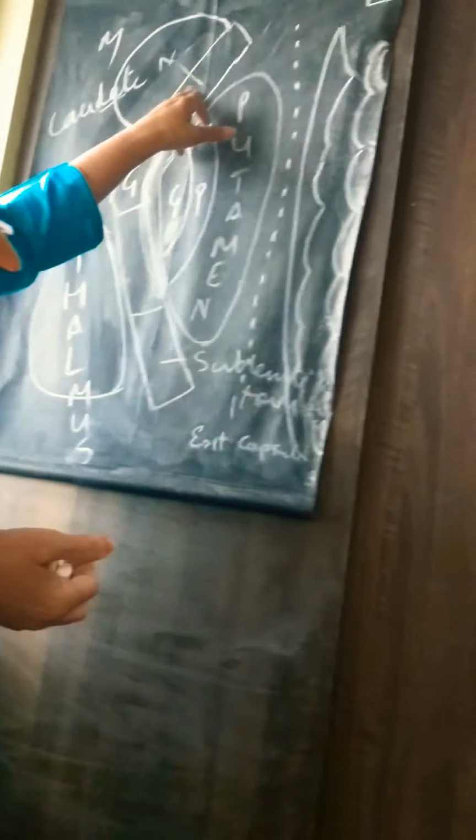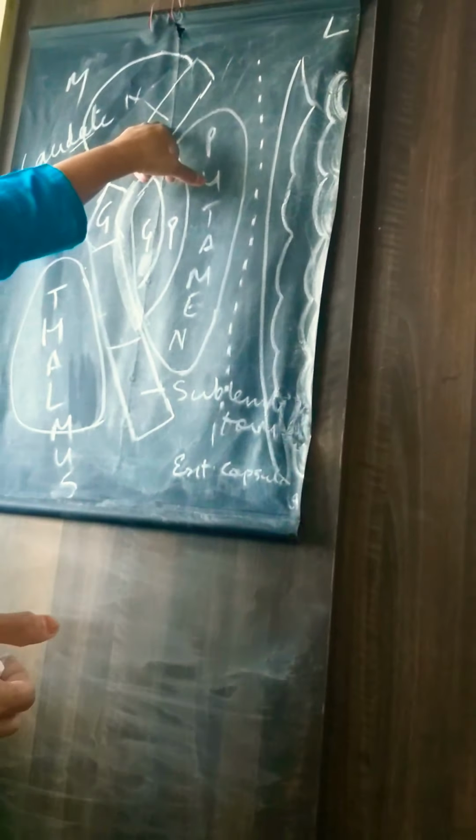Here lower down is present the thalamus. Laterally, the anterior limb is related to the upper portion of the lentiform nucleus.